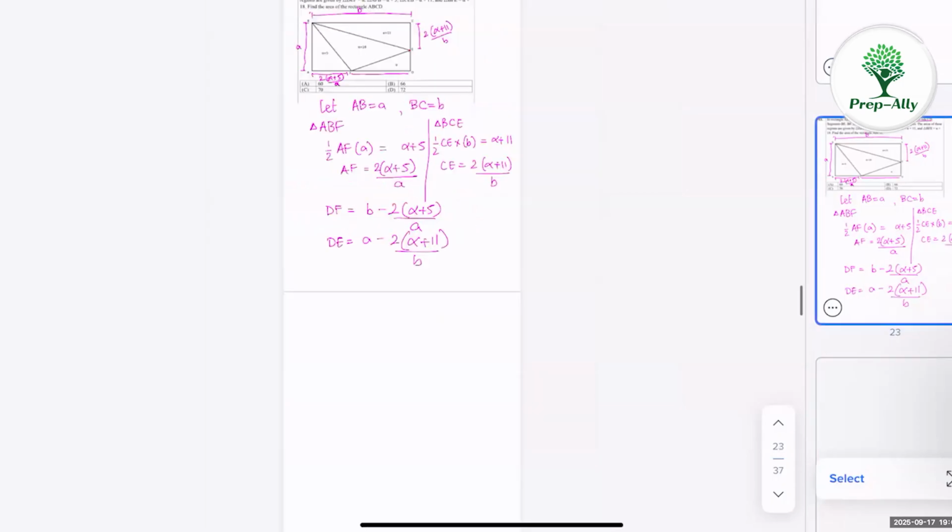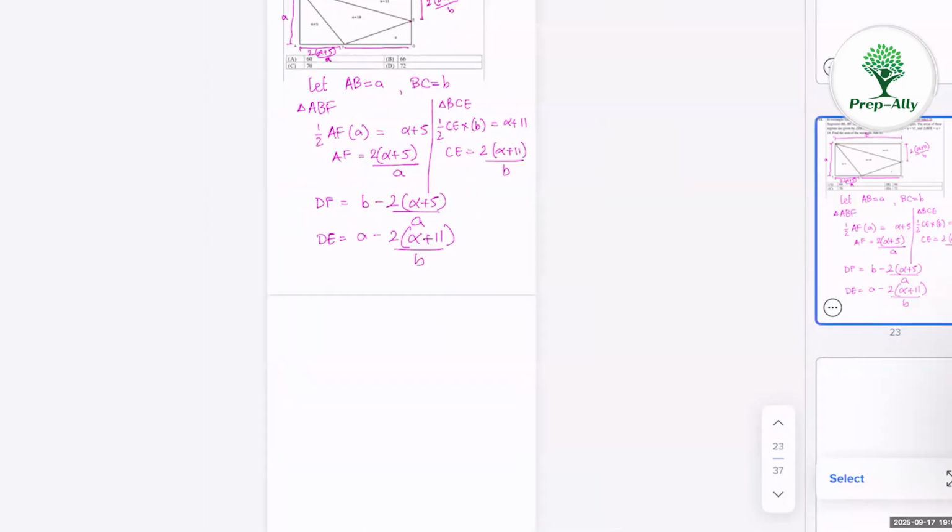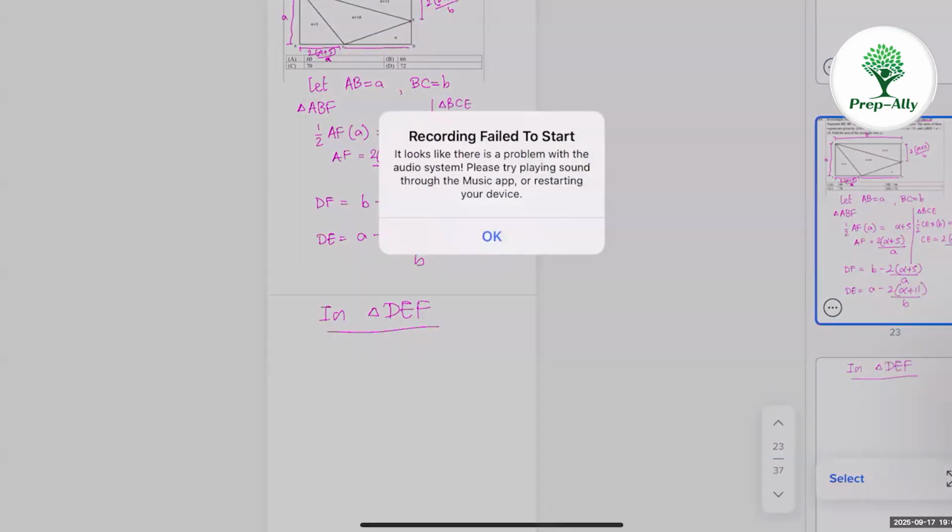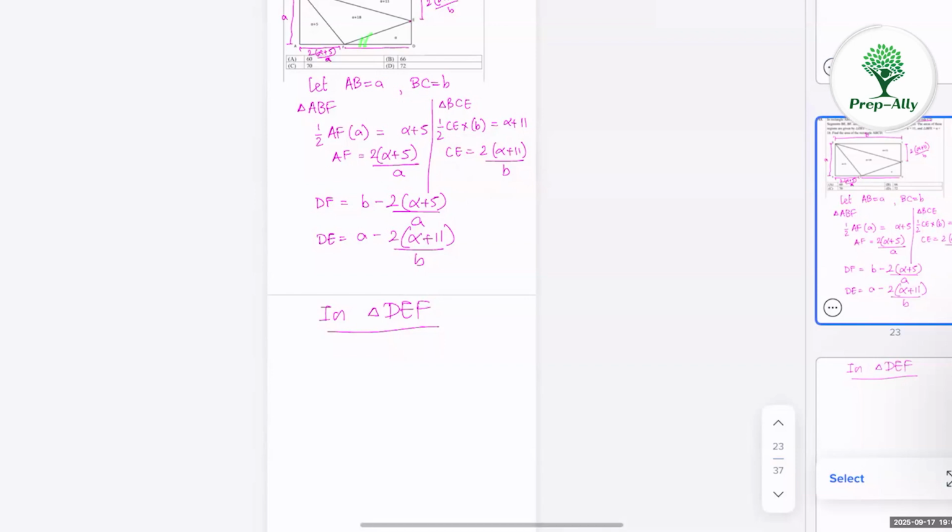Now, in triangle DEF, we have area of the triangle equal to alpha, right? So area of triangle equal to half into DE into DF, which is equal to alpha.